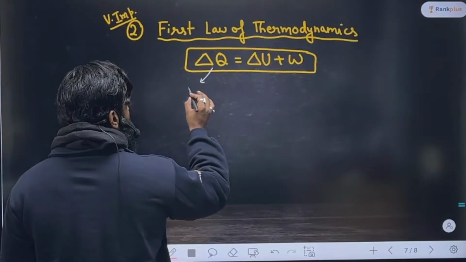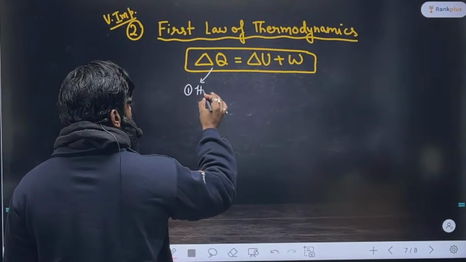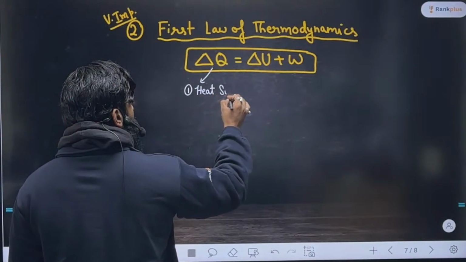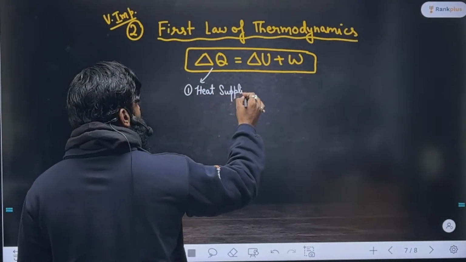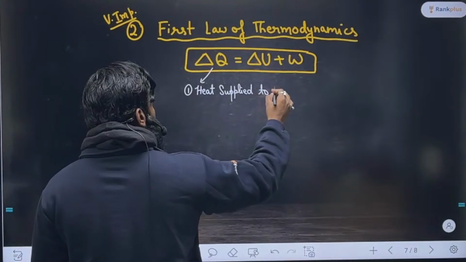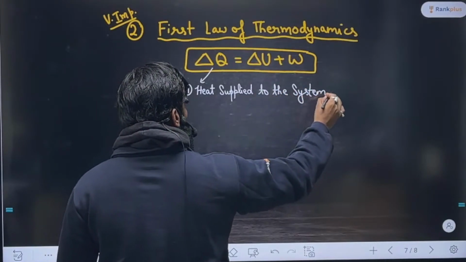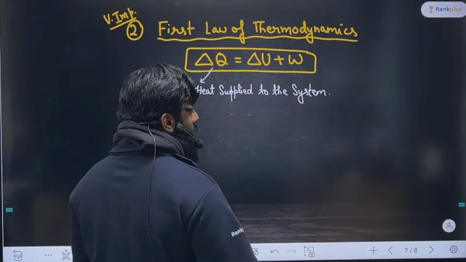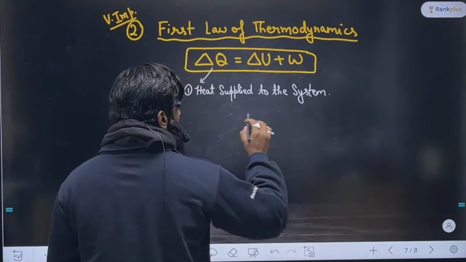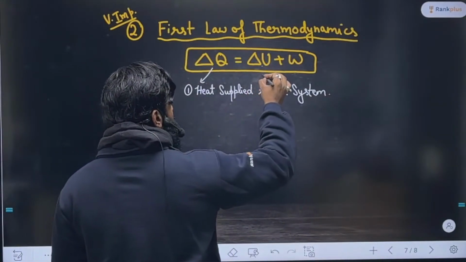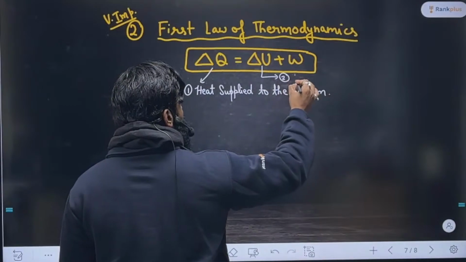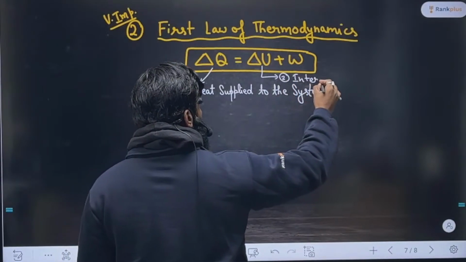The first one is the heat supplied to the system. Heat supplied to the system will be considered as positive. The second is the internal energy of the system.